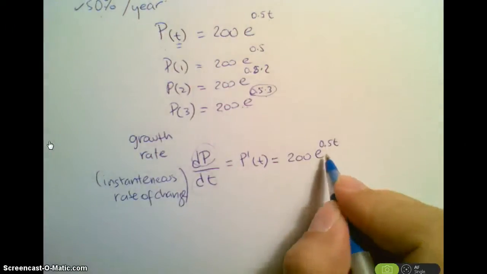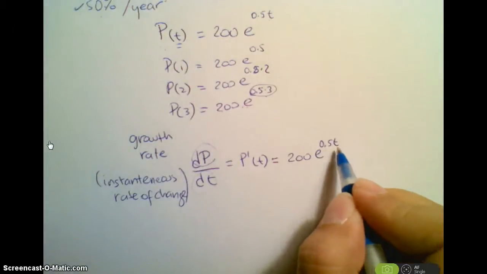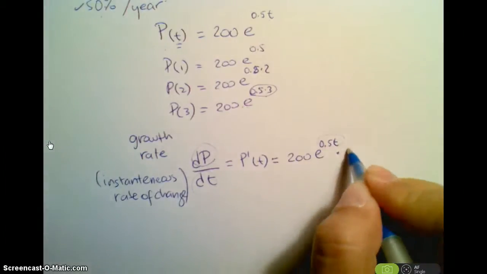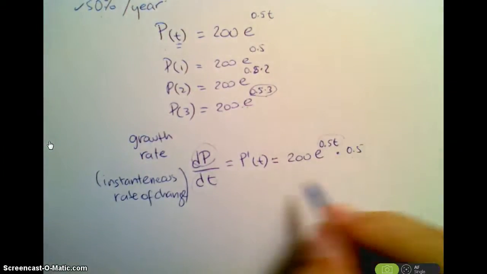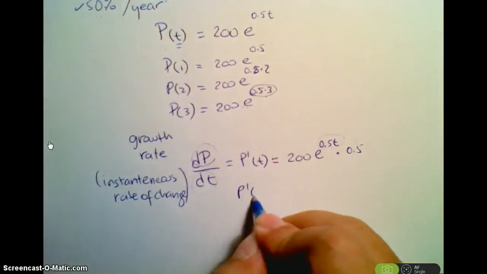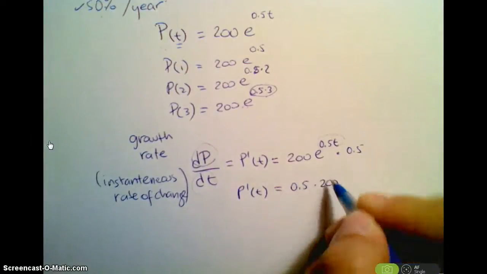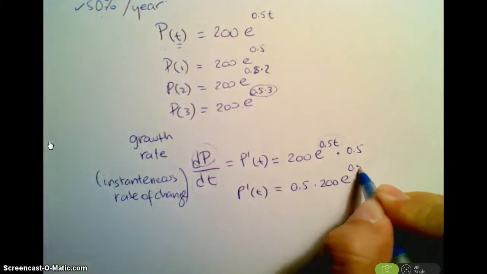And then by chain rule, I have to multiply that by the derivative of this mini function of t, which is 0.5. So let me just rearrange this. P prime of t is 0.5 times 200 e to the 0.5t.